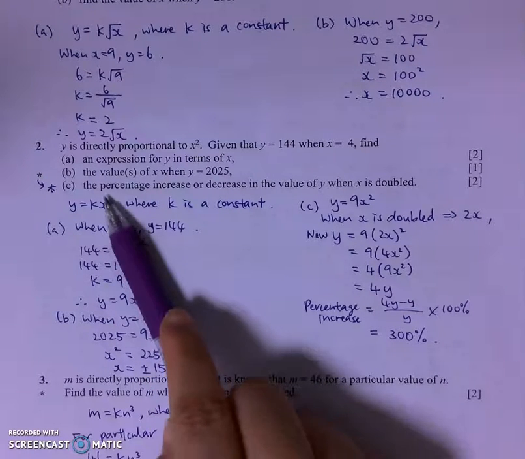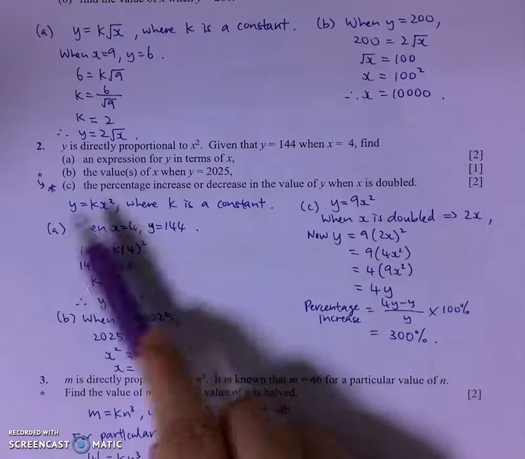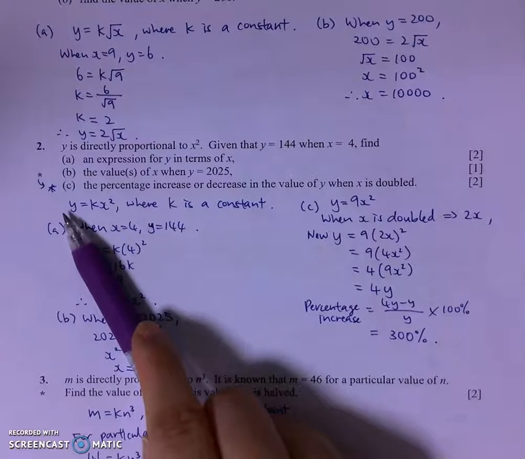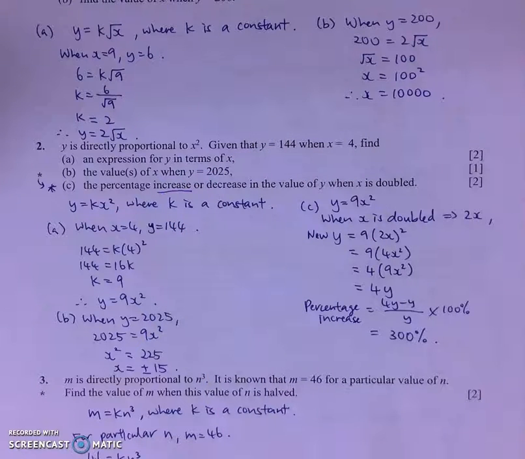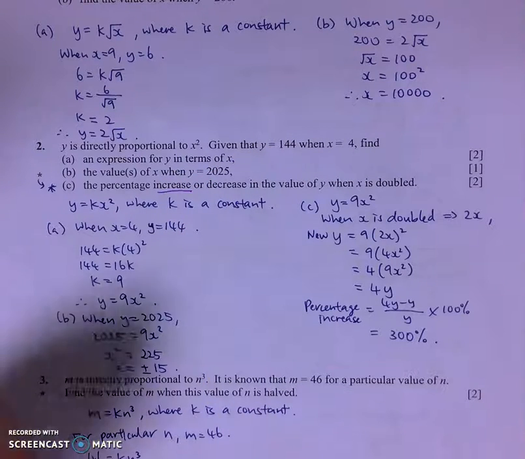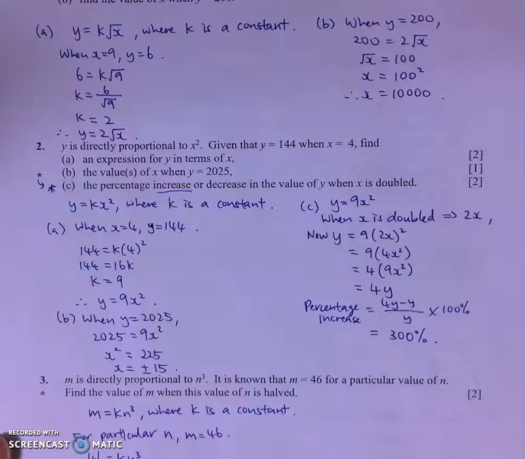So when x increases, y should also increase. So the likelihood of it increasing is 100%. But how much does it increase? We will have to now find out.